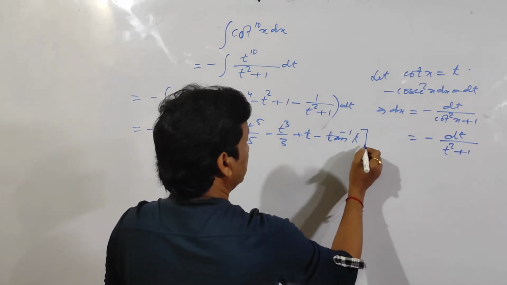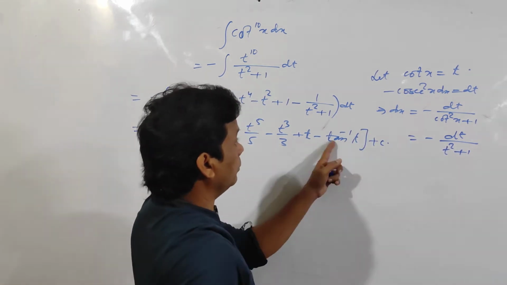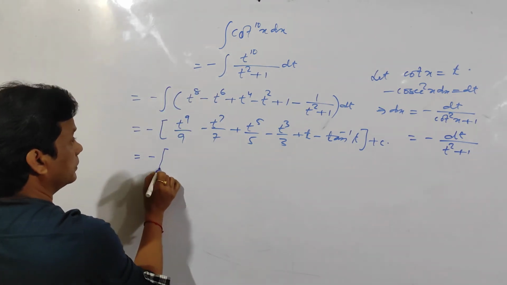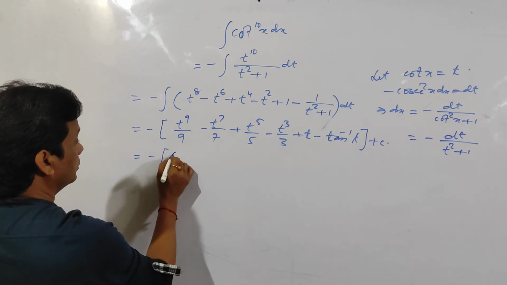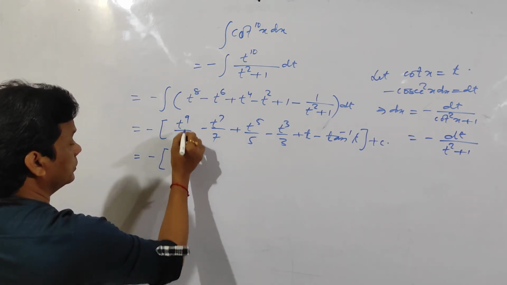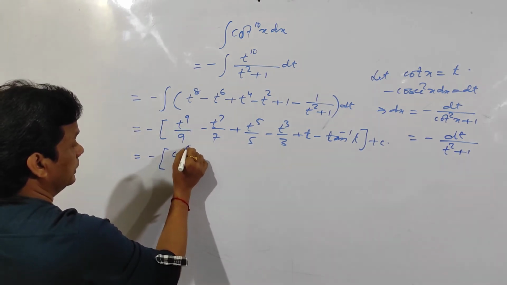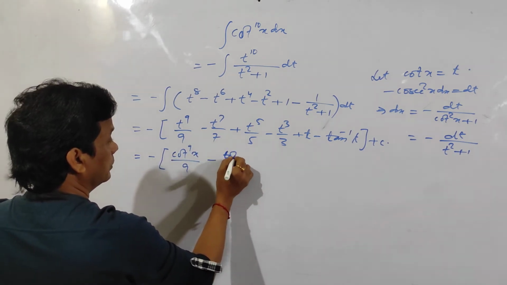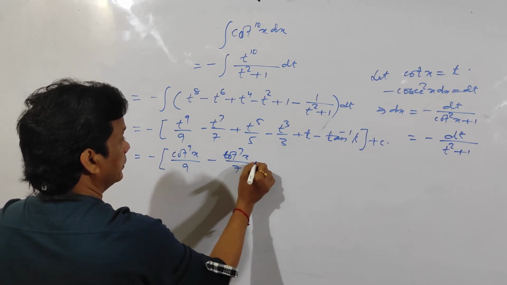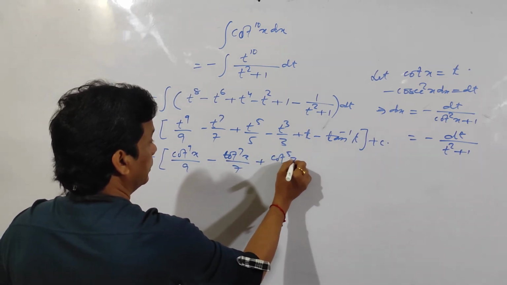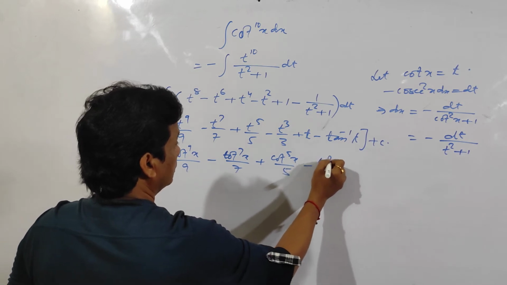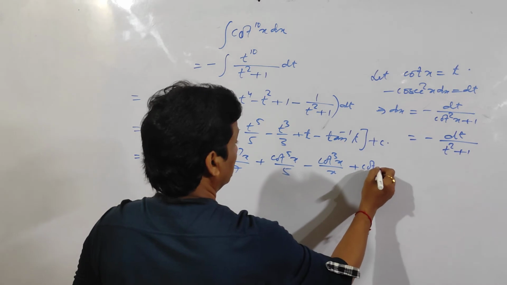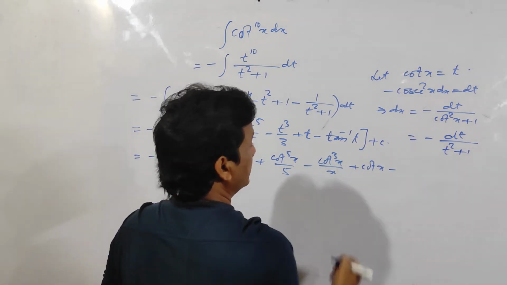Then plus c. I'll tell you how to write this one. Minus. At the value of t, t is cot: cot 9x by 9 minus cot 7x by 7 plus cot 5x by 5 minus cot cube x by 3 plus cot x minus tan inverse t.